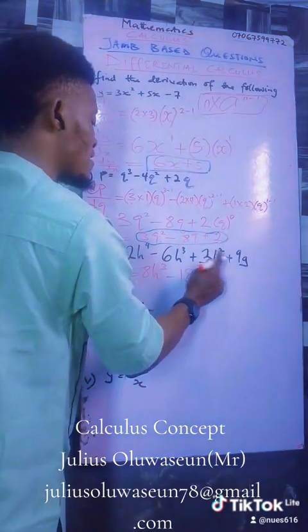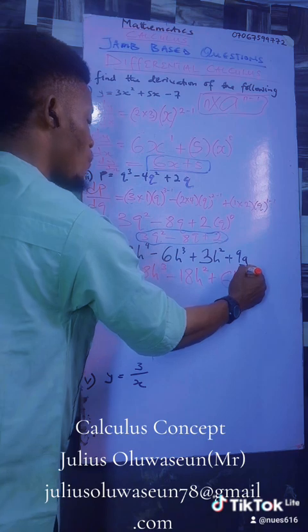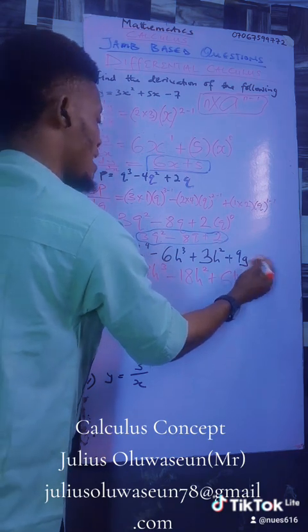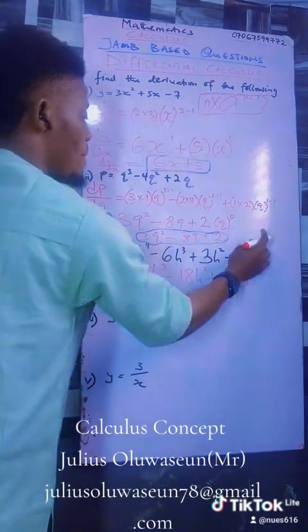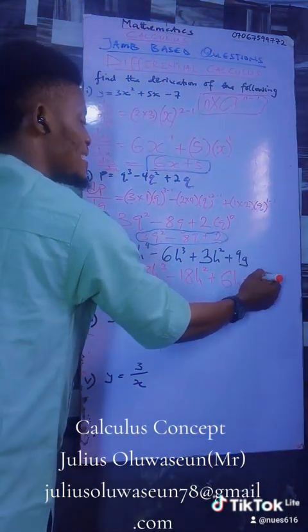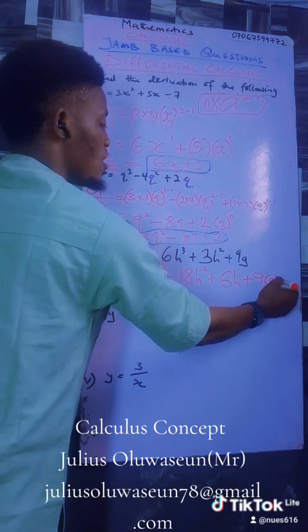So plus 2 times 3, we have 6h. 2 minus 1, that is 1. You need to write your 1 there, and then you may put 1 there anyhow. So we also have our invisible 1 times 9. This is 9, and we have our g power 0.